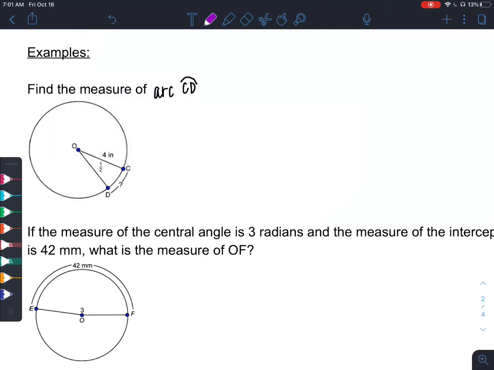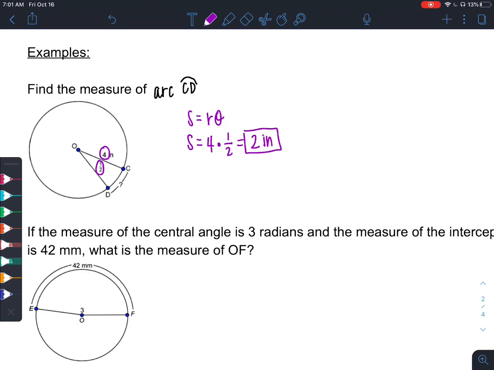Okay, so I'm looking for the measure of an arc, so that's s equals r theta. So here, my r is equal to 4, and my theta in radians is equal to 1/2. So then my intercepted arc is 2, and we want to label it inches.